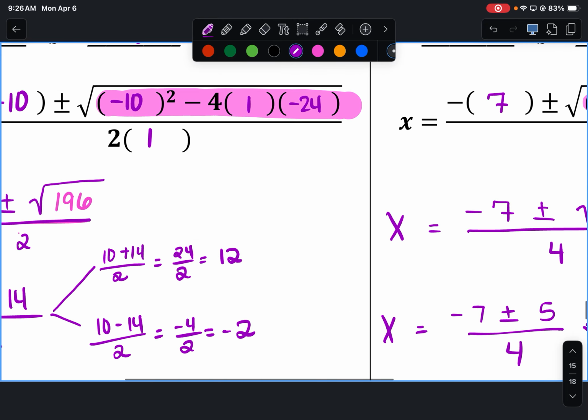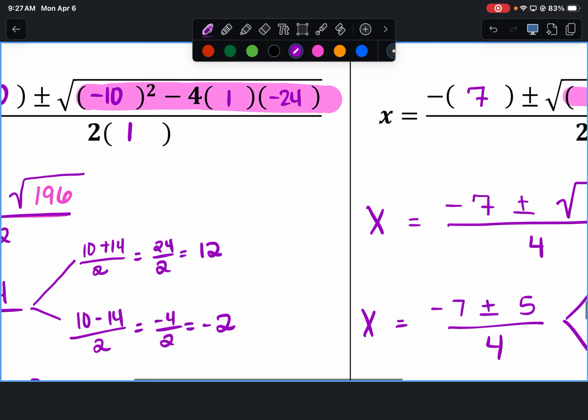Then I want y'all to do number 6. So the only time you'll split plus or minus is if it's a real number right there.